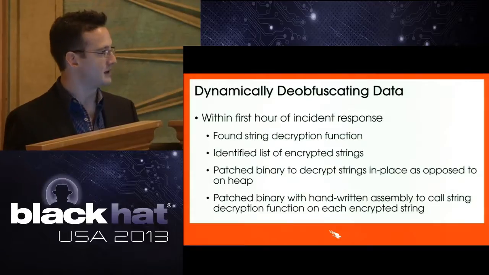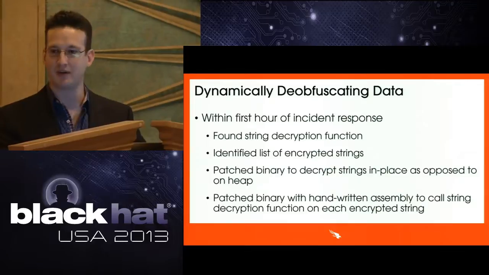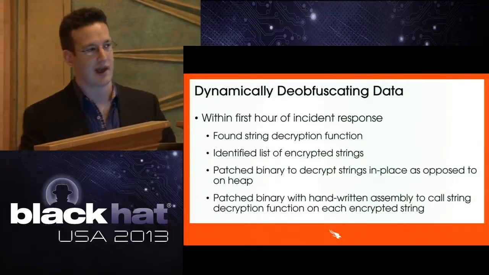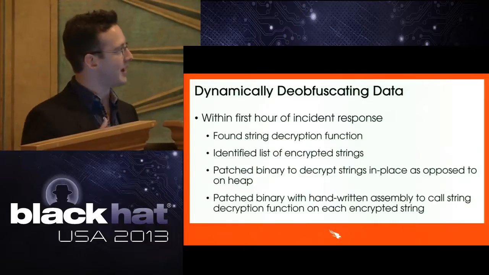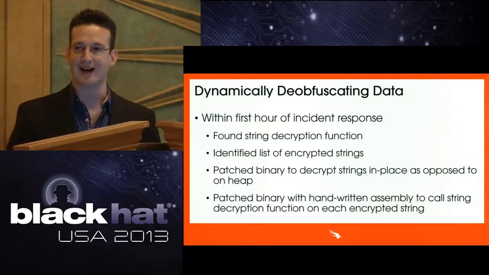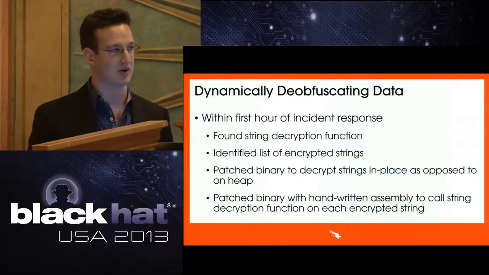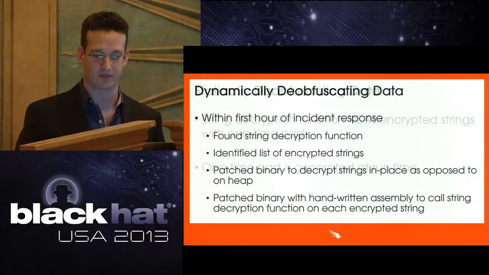But obviously, this is a little time consuming, and given that this malware sample is just one variant of a larger family, and we want to analyze other variants, we can't really rely on this type of manual process for every sample. Ideally, what we want to do is to be able to statically deobfuscate all of the data, and then automate that for processing.